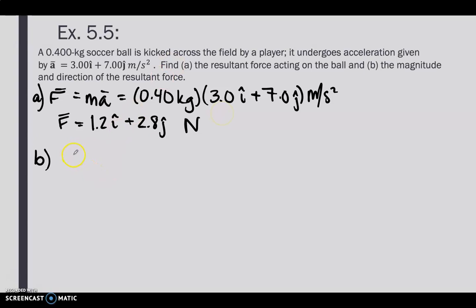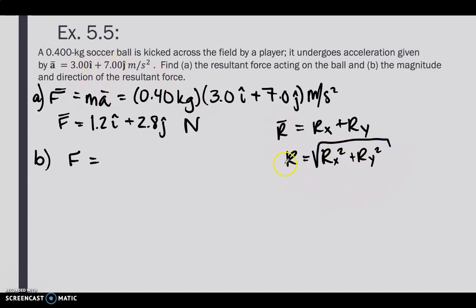So for the magnitude of a general vector, if I say some vector r has these components, our magnitude will be r_x squared plus r_y squared, and take the square root of that.